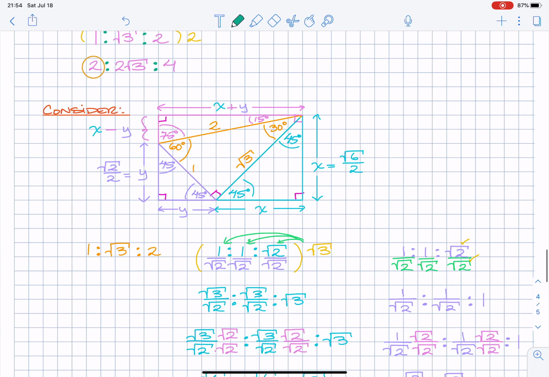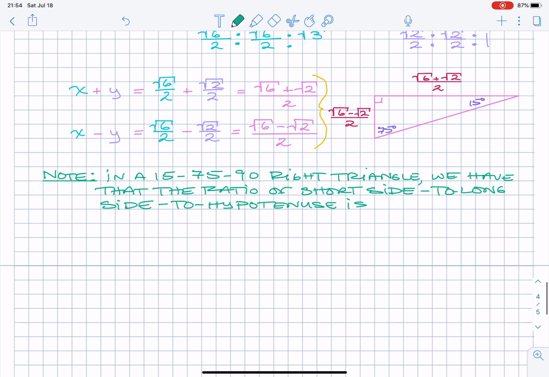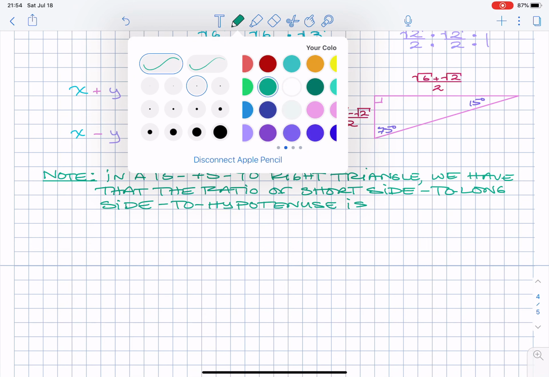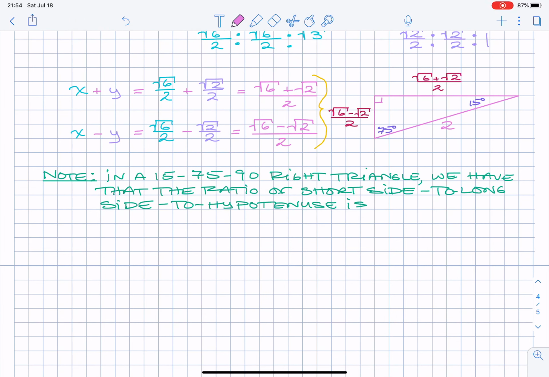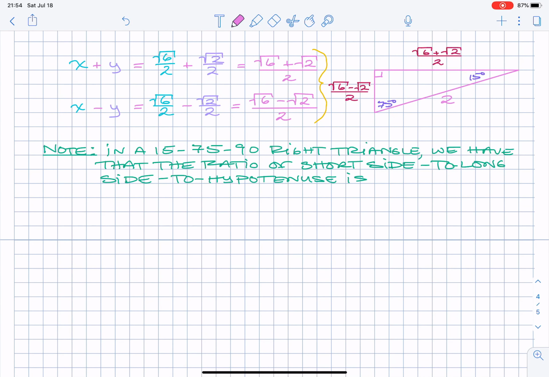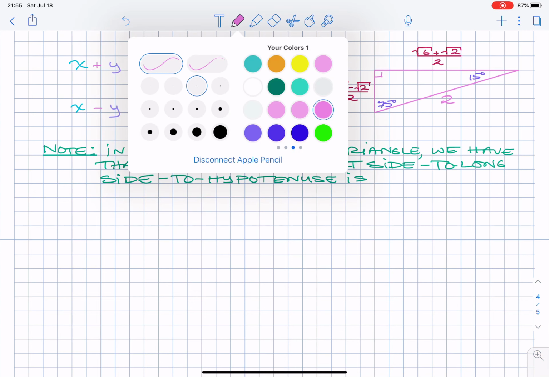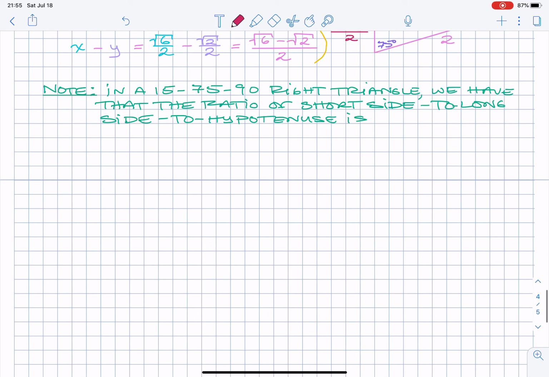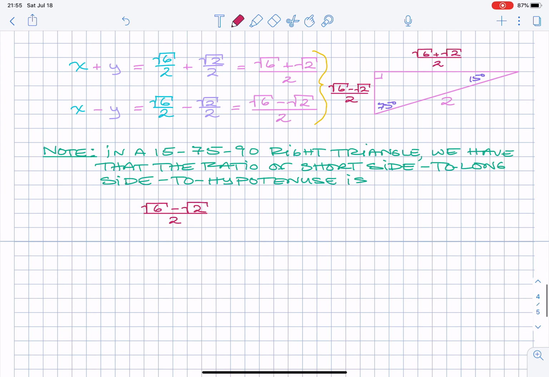The hypotenuse was 2, right? So we could write this as, well, what was the short side? It's the square root of 6 minus the square root of 2 all over 2 for the short side.